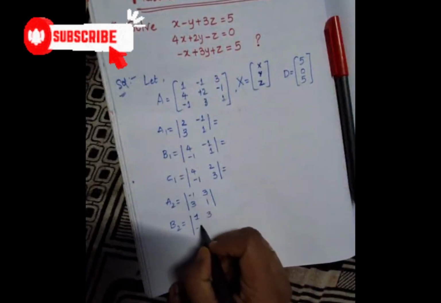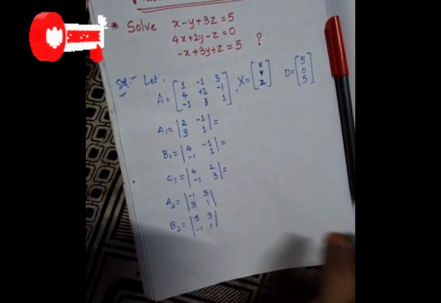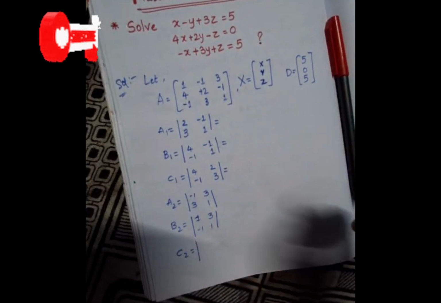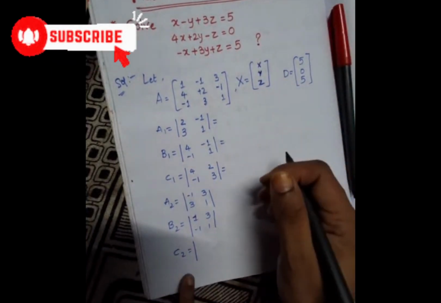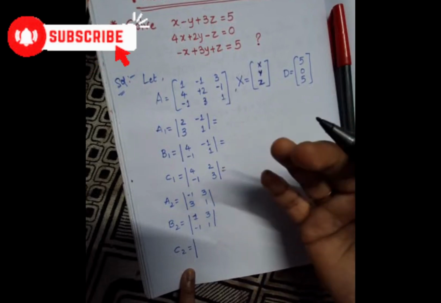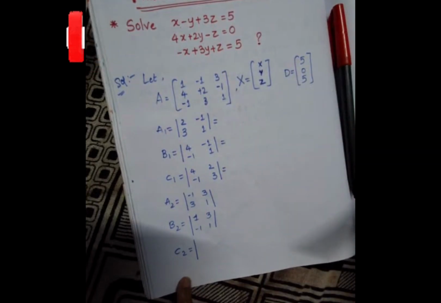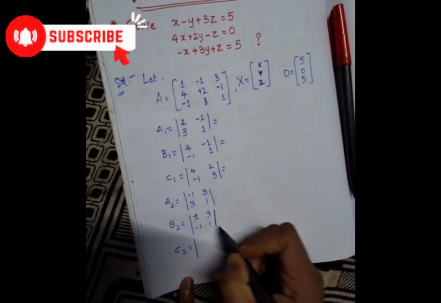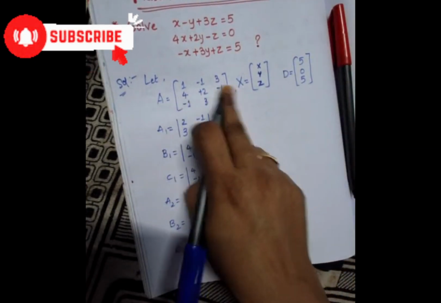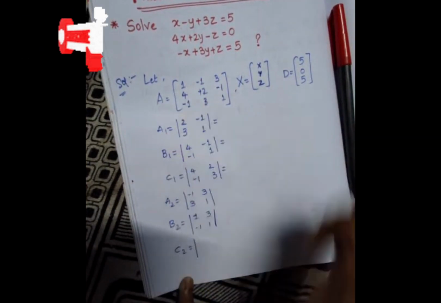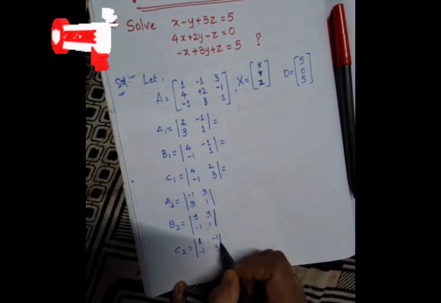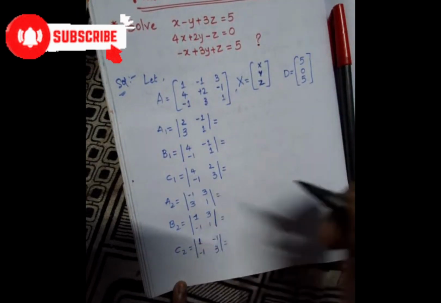Children, now c2, a very important method from the matrices chapter: the inversion method, the Gauss-Jordan method and Cramer's rule. c2 means the second column and second row: 1 minus 1, minus 1 3. So we have to find all of these.